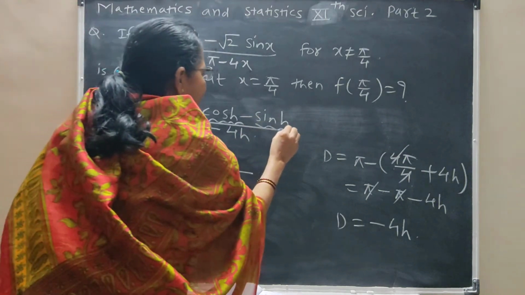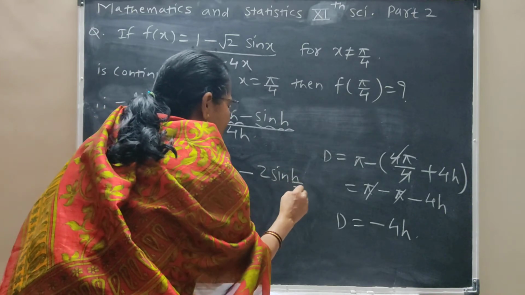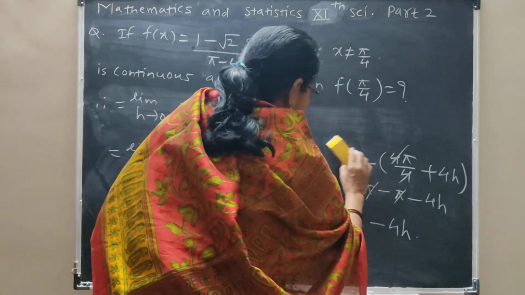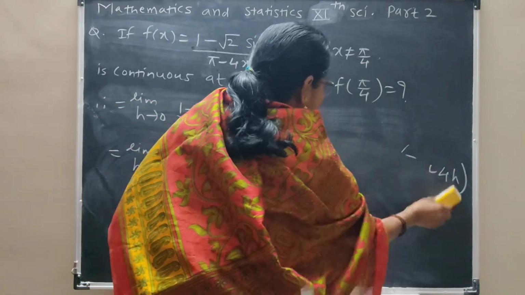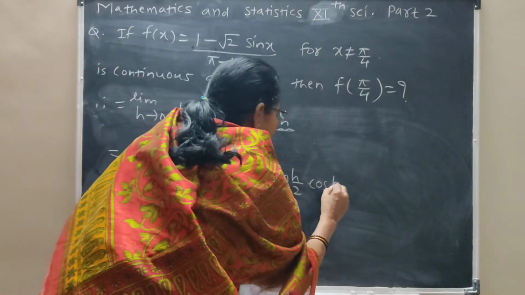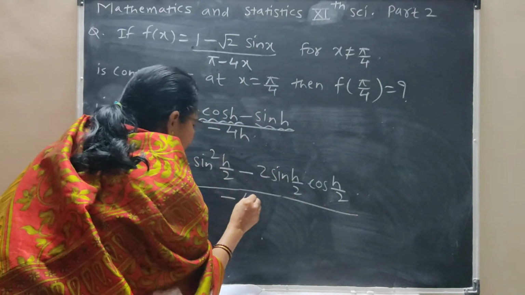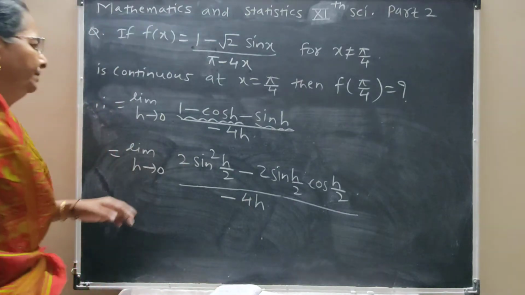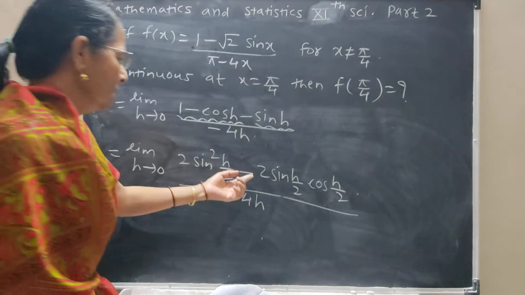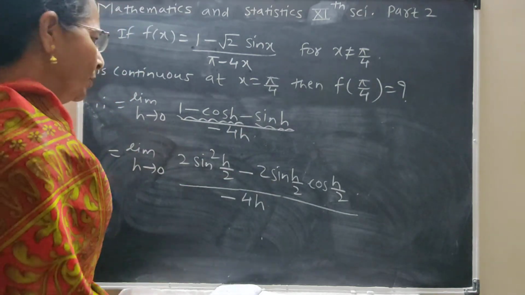For sin h, the half angle formula is 2 sin h by 2 cos h by 2. At the denominator, minus 4h.